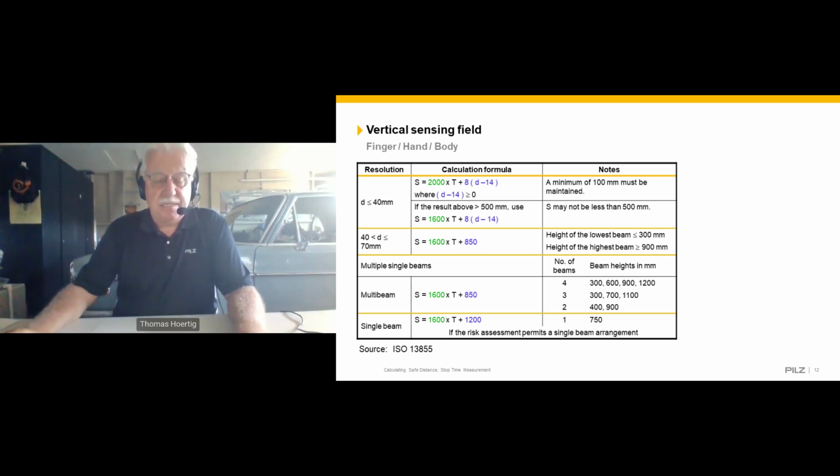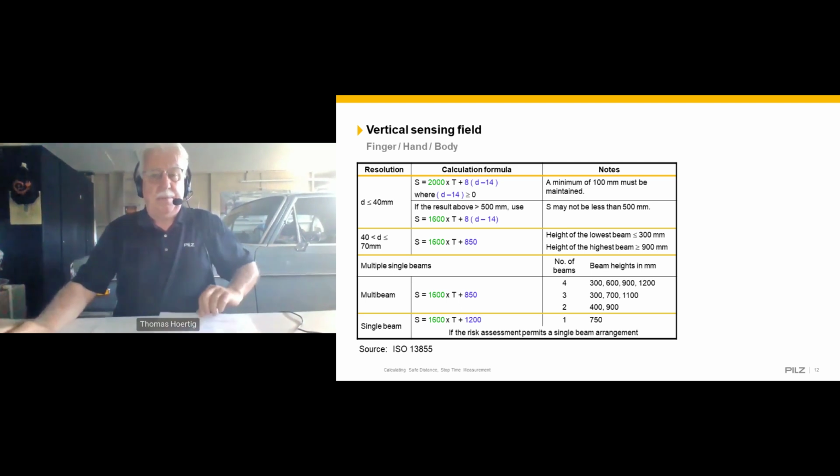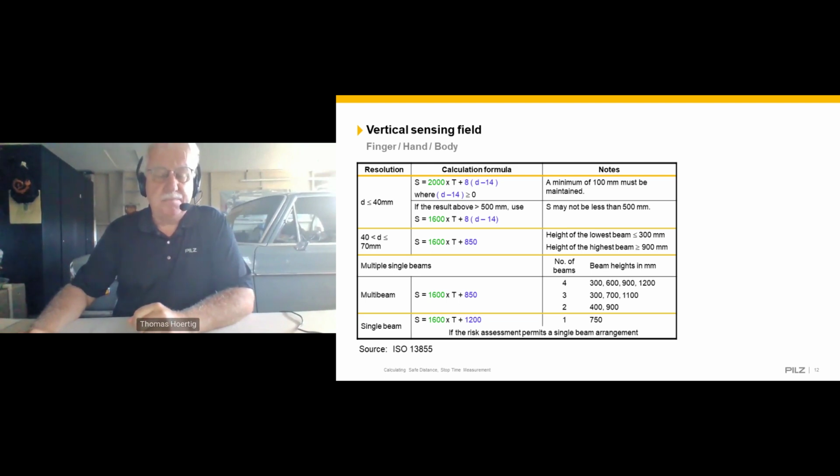If we're in a beam spacing that goes beyond 40 millimeters up to 70, then you have the approach speed of 1600 millimeters per second times the overall time, and then you have to add 850 millimeters. Here is also some information about whether you're using a single beam or multiple beams, the beam spacing, and the heights of those beams. You can see that on the left. Okay, so that's the table for the vertical sensing field.